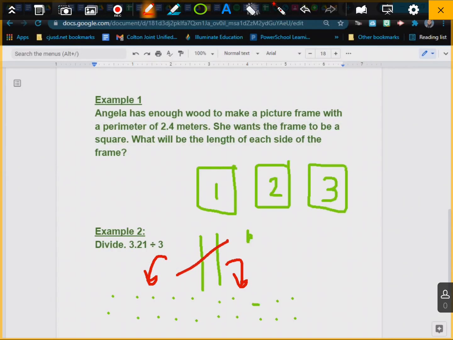So I have 21. Well, 21 divided by 3 is 7. So each group is going to be given 7. We have one group with 7, another group with 7, and a last group with 7.